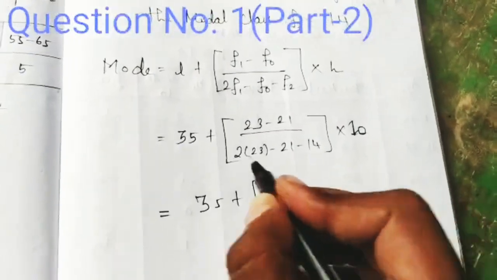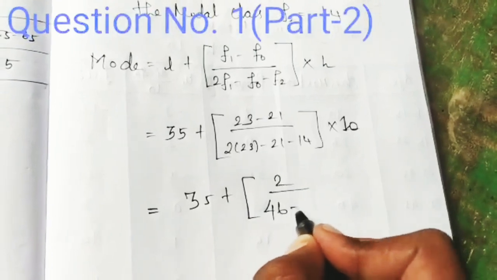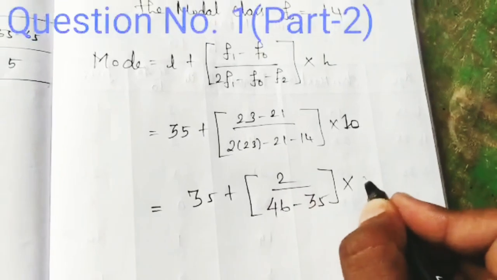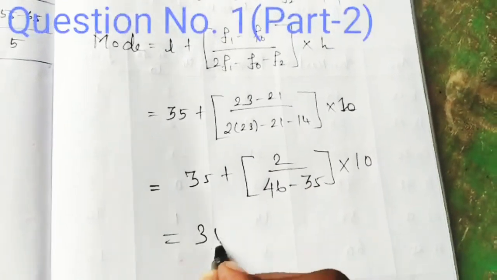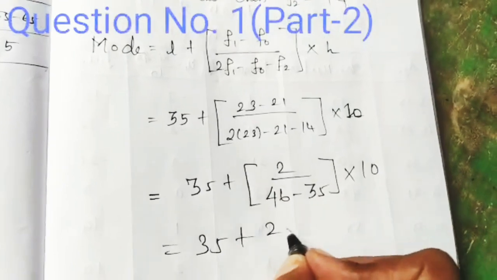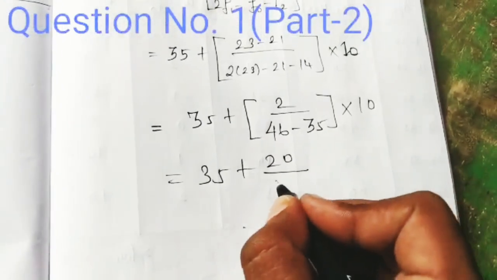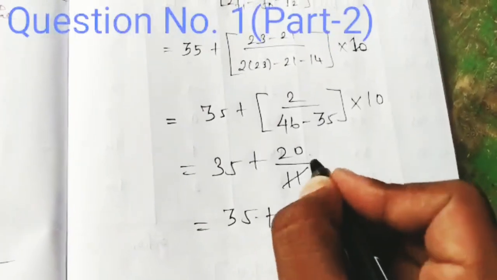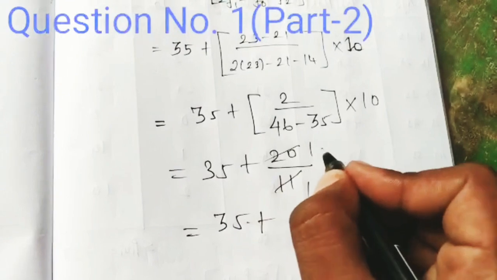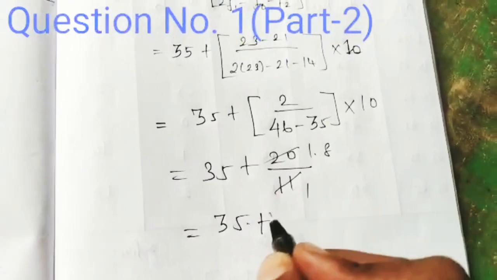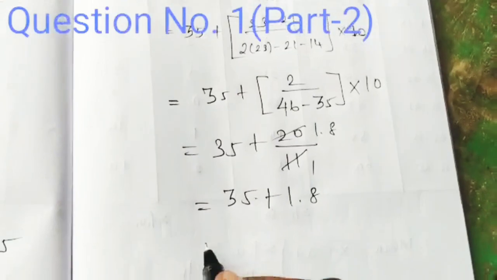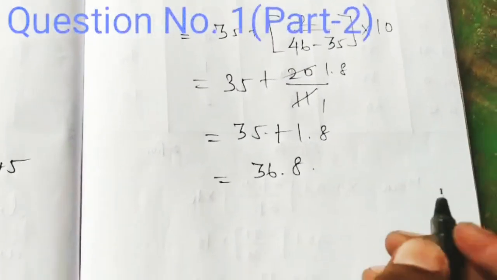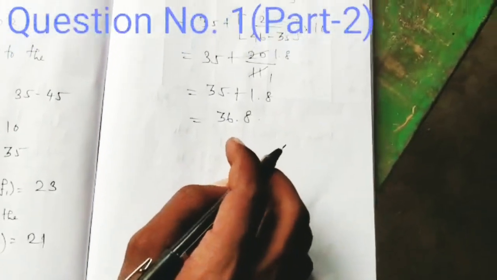So 35 plus 2 tens are 20, divided by 46 minus 35, which is 11. 1 times 11 is 11, balance 9, 90, so approximately 1.8 will come. So the answer is 36.8. This is the mode value.